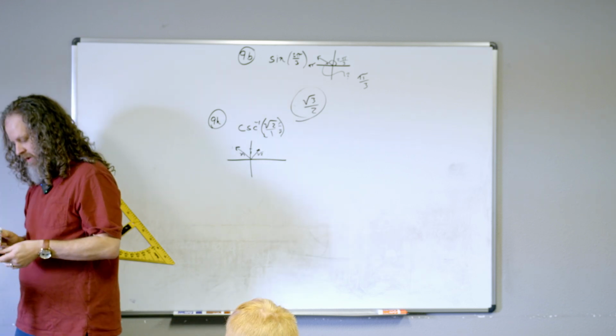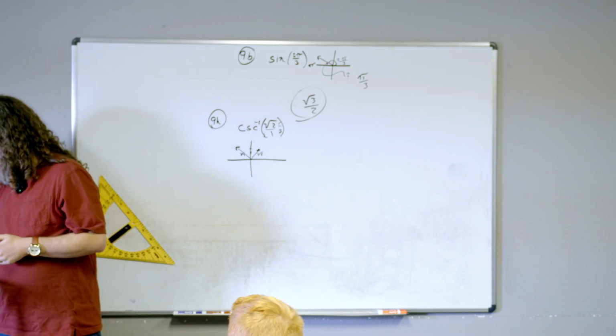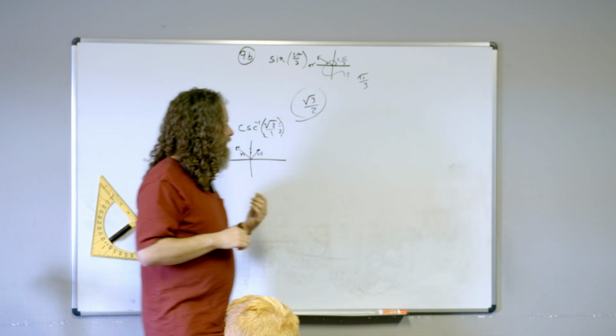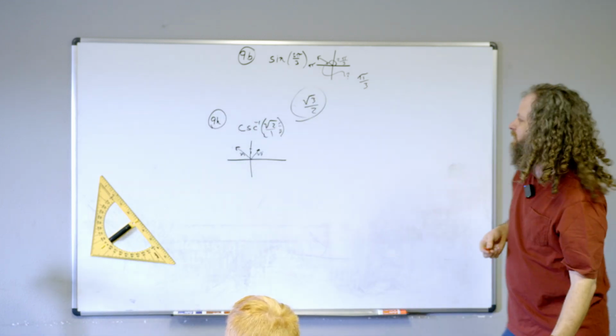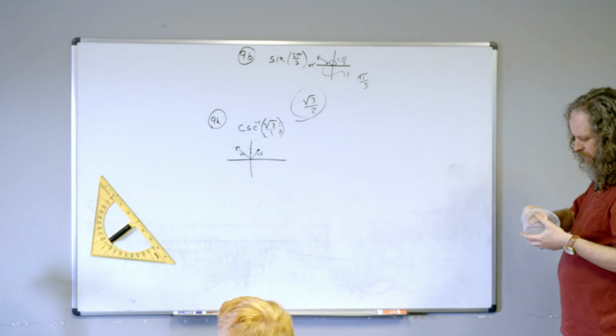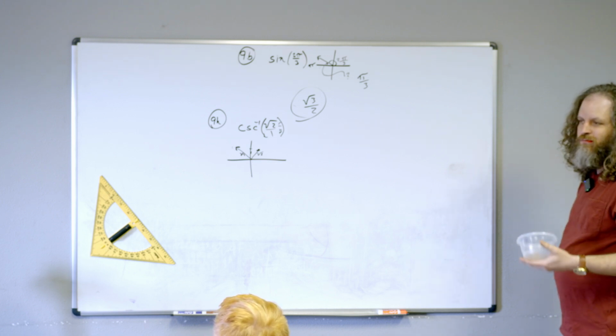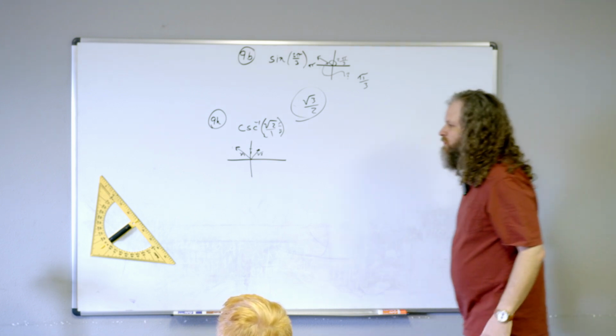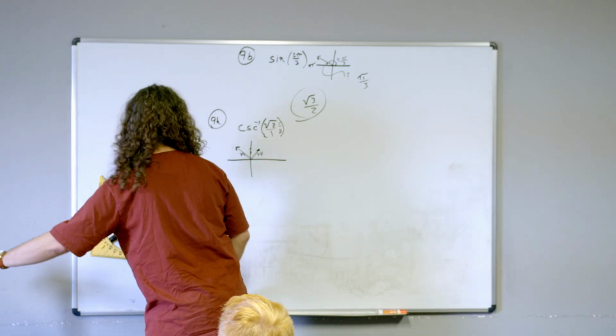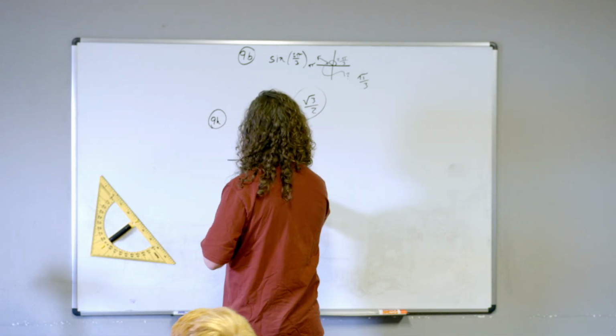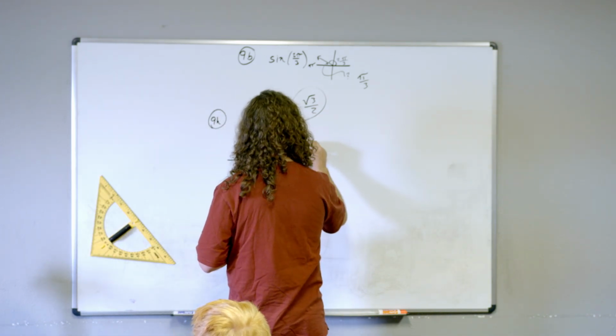Because we're taking questions on this, we'll decide whether this is one of those or whether it can only be one of the things. So we've got to figure out what the angle is. It is 45 degrees.